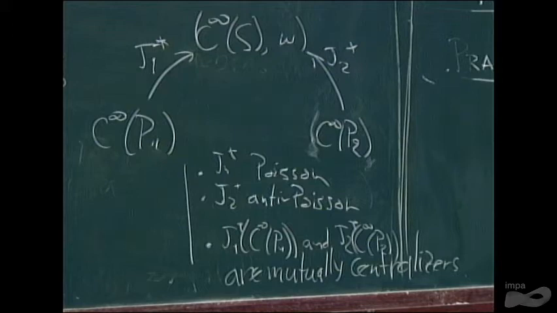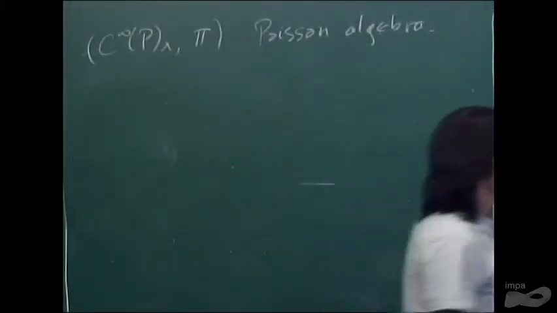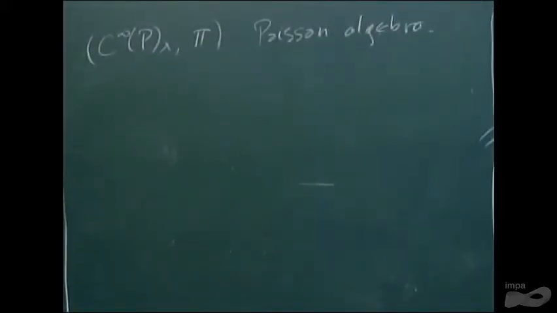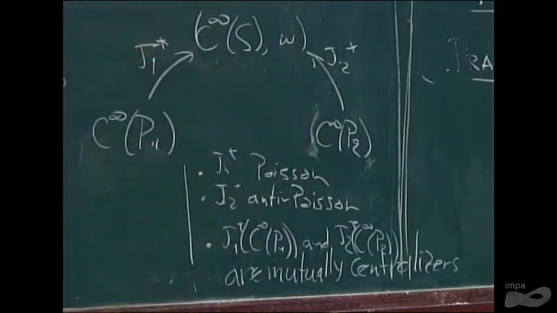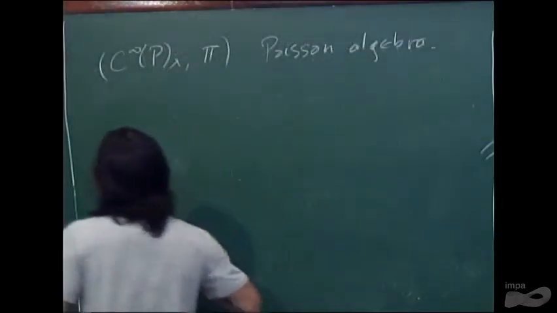Okay, so you can consider C infinity of P lambda with the formal Poisson structure as a Poisson algebra. And so what we will do for our definition is just take these algebraic properties and take this as the definition when we have formal structures.